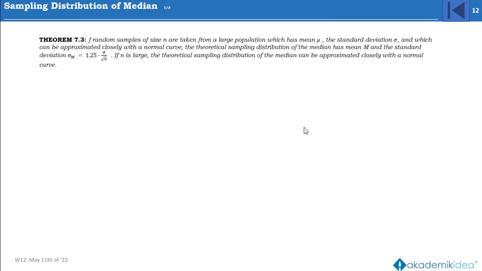If n is large, the theoretical sampling distribution of the median can be approximated closely with a normal curve.